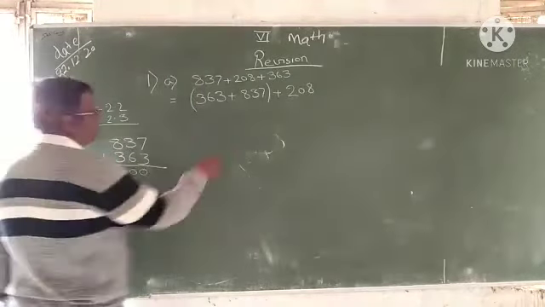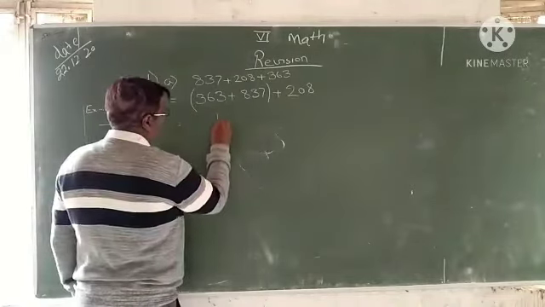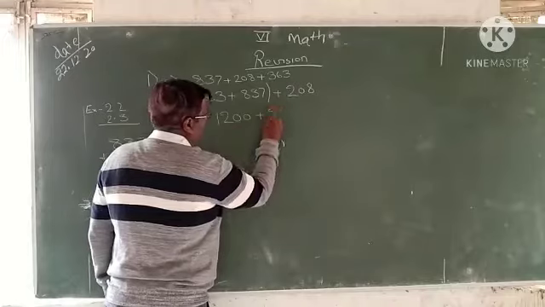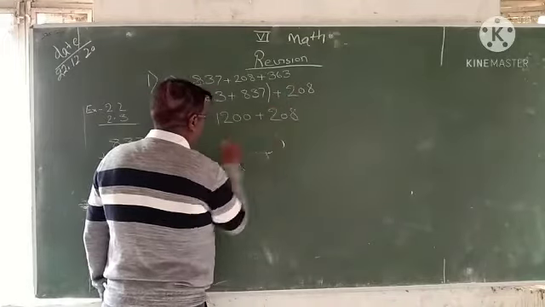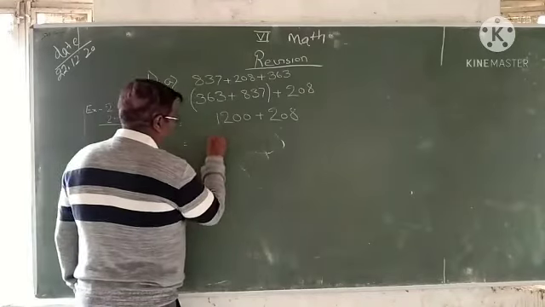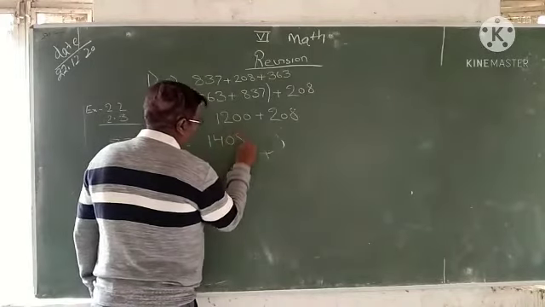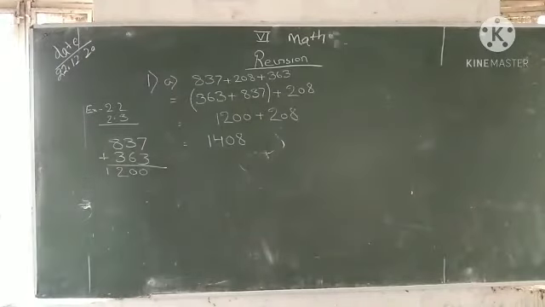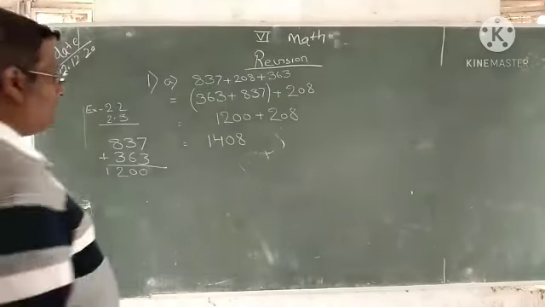So the answer over here is 1200 plus 208, and your answer will be 1408. We can see over here that it makes our life easier to calculate in such a way.